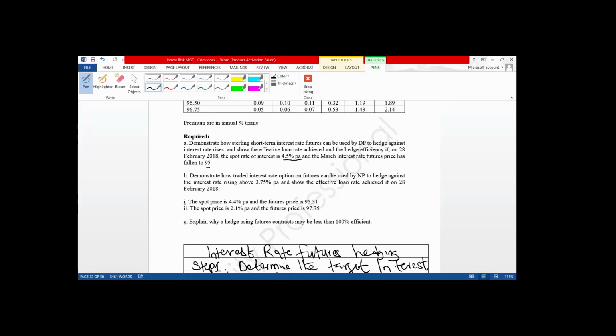If on the 28th, the spot rate happens to be 4.4% per annum, and the futures price is 95.31.